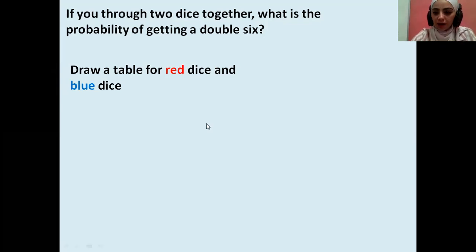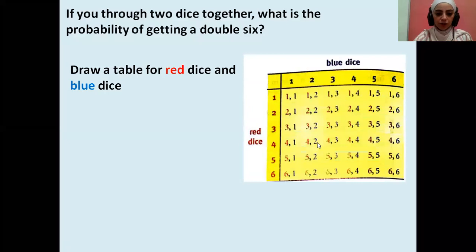To decide that, you can't do it mentally, but later on, by doing a lot of questions about throwing two dice together, it's going to be so easy for you to give the probability of any possible event. Since we're doing two things together, each one has different numbers.